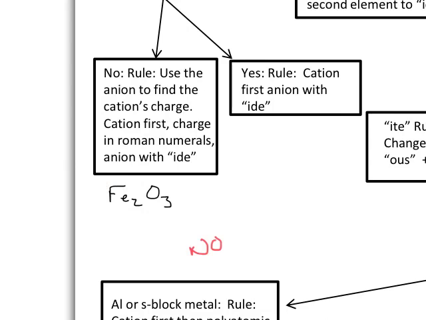So I'm going to say 3 oxygens times, I'm just going to use the absolute value of this because we're solving for the positive cation, times 2, because oxygen is -2, divided by my number of ions, which is 2. So this tells me that I have iron plus 3. So I'm going to write this: iron, Roman numeral 3, oxygen, ending switch to "ide," oxide.